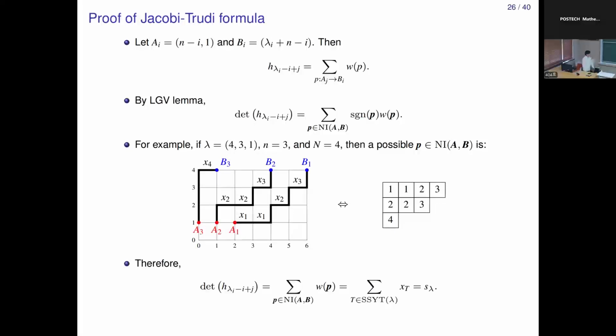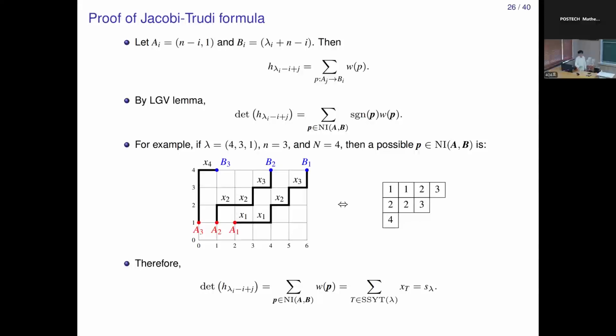So what we get is that the left-hand side, the determinant, is equal to the generating function for all non-intersecting lattice paths. And this is the same thing as the generating function for semi-standard Young tableaux, which is the Schur function.